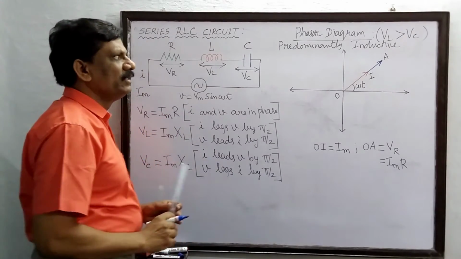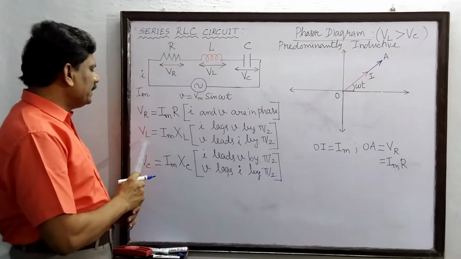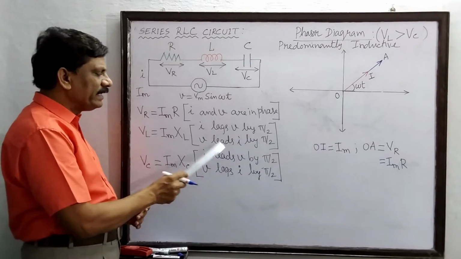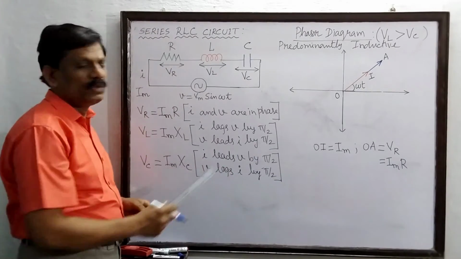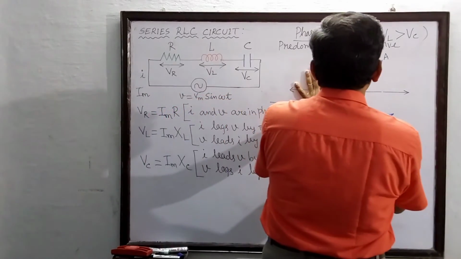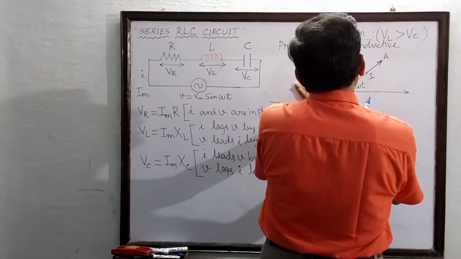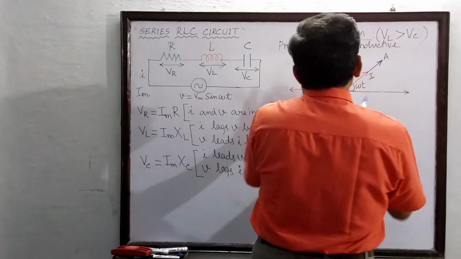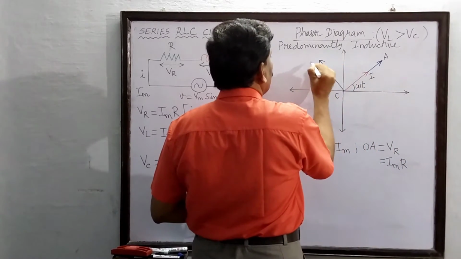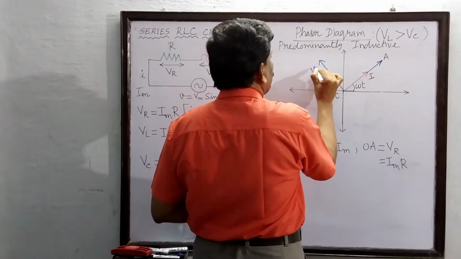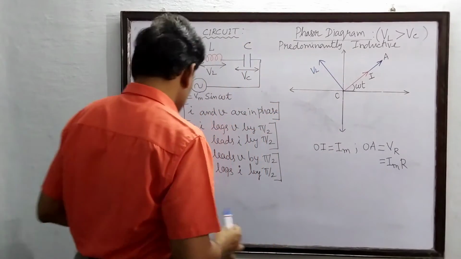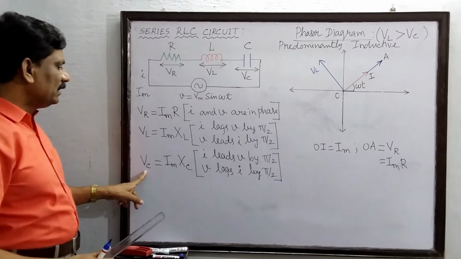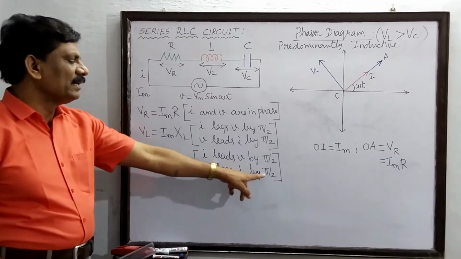Now, you have seen that in the inductive circuit, current lags the voltage, or voltage is leading the current by pi by 2. So I will draw here pi by 2, 90 degrees, like this, and I will draw the vector VL. So this is the vector VL. Here I will write VL. And in the capacitive circuit, VC is lagging behind the current by pi by 2.